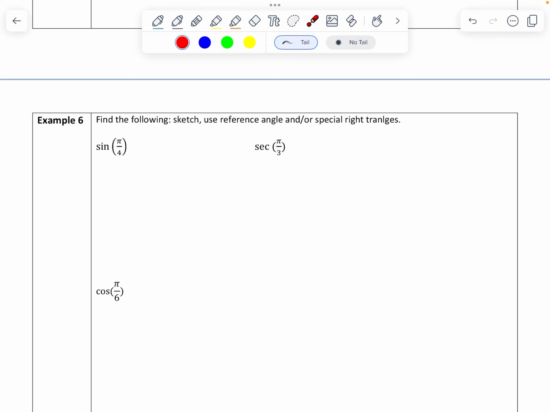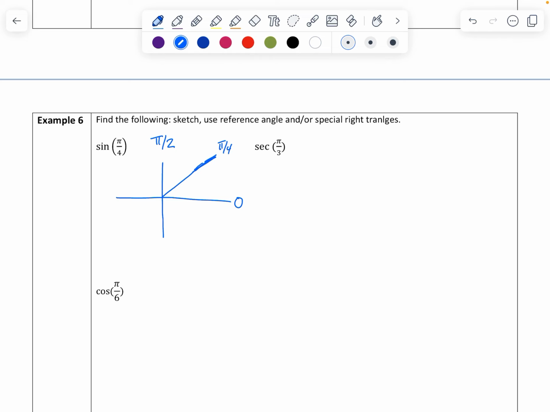We can find the sine, cosine, tangent, any of the 3 or any of the 6 with radians as well. So if we were to consider pi over 4, remember this is pi over 2, this would be 0. So pi over 4 would be exactly in the middle here, which means that it would be 45 degrees if you wanted to convert that.